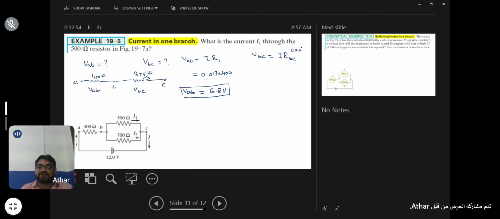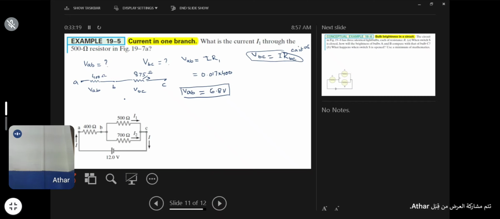I cannot use this one because I don't know the amount of current here. Because this circuit is actually parallel, the total current we cannot combine here, because I1 and I2 we need to know, or VBC.